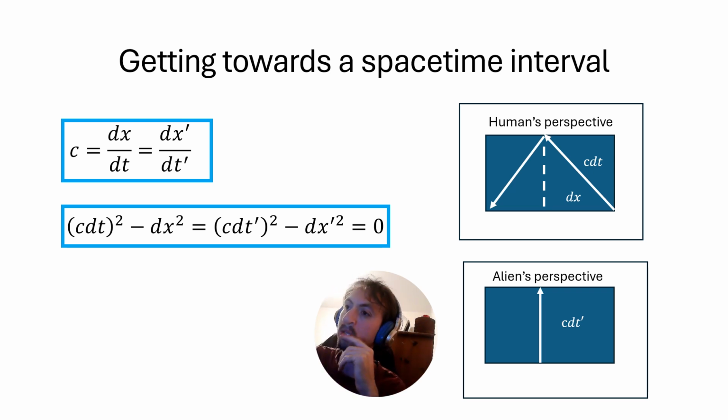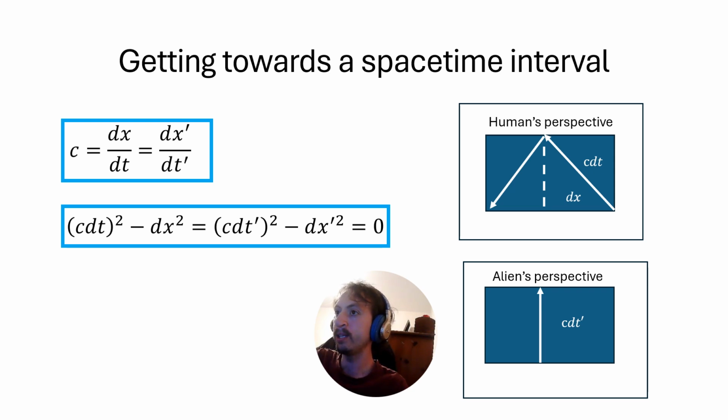The train isn't climbing into the clouds, so it hasn't got vertical velocity. And so the human is going to see the light beam having both a horizontal component due to the motion of the train, but also a vertical component due to the fact that the alien was trying to fire the light beam vertically upwards. So the light beam is going to seem to move diagonally.